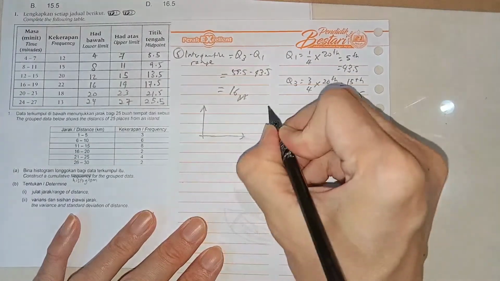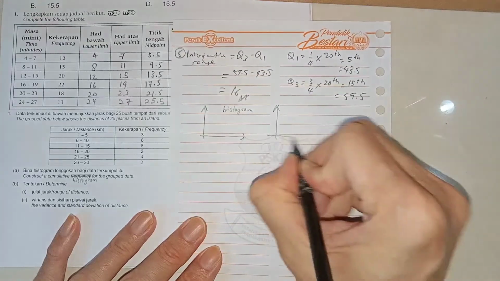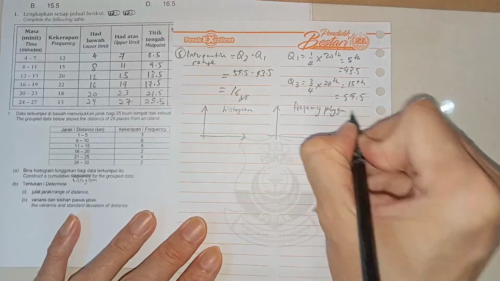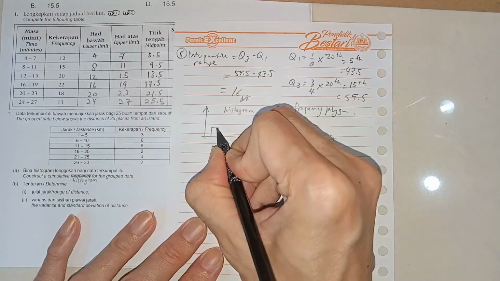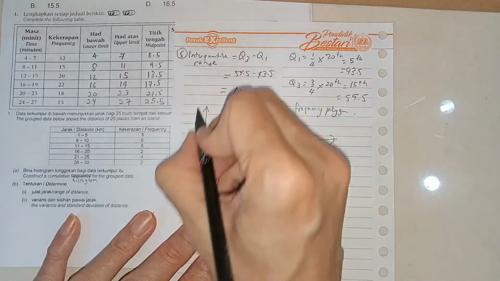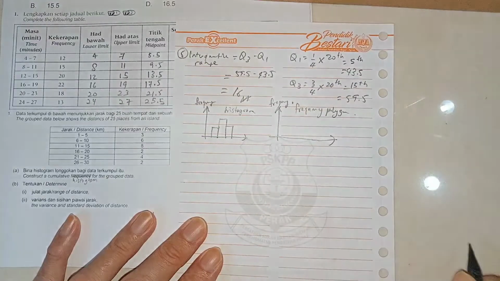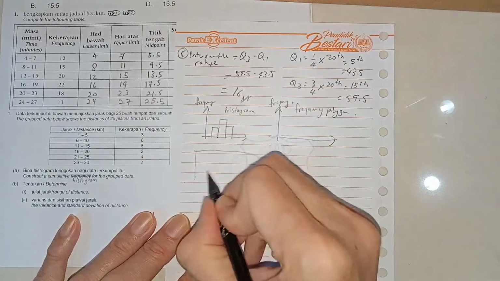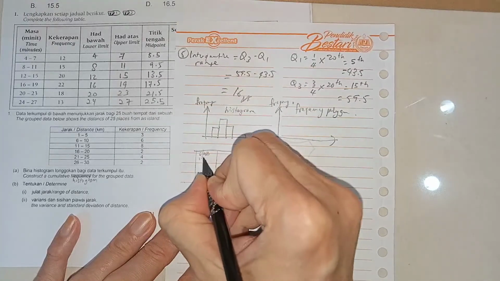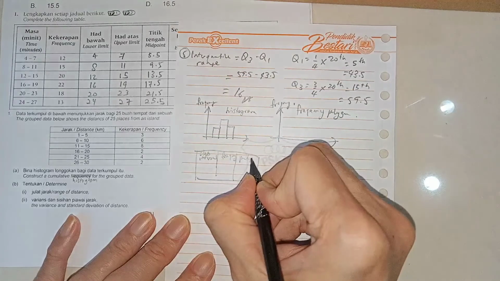This is histogram. This is a frequency polygon. Histogram is like this. Go up, go down, go up. Okay, this is frequency. So usually the table is a frequency table: class interval, frequency, midpoint.